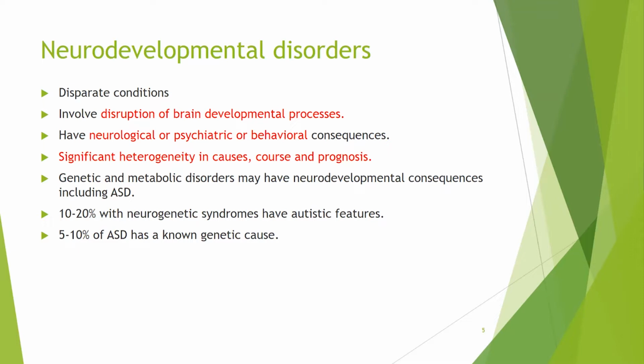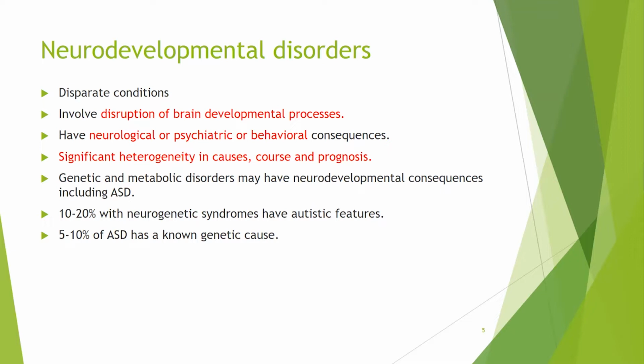One thing to know is that genetic and metabolic disorders, which may not be listed in the current classification of neurodevelopmental disorders, may also have neurodevelopmental consequences. And this includes autism spectrum disorder.